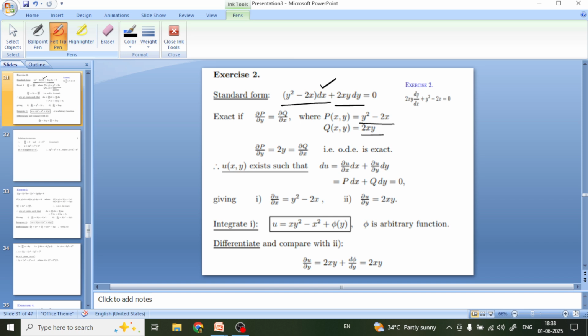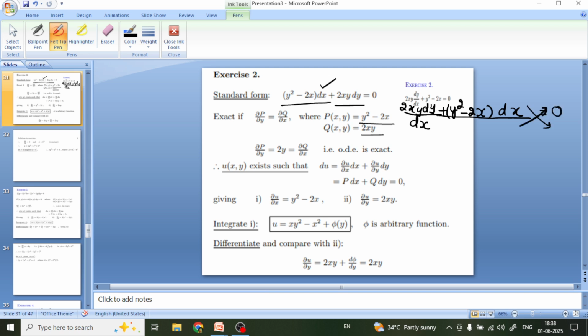Let me repeat the whole question again. First, you have to find the standard form by taking the LCM like this: 2xy dy over dx plus y² − 2x. Here write dx equal to 0.